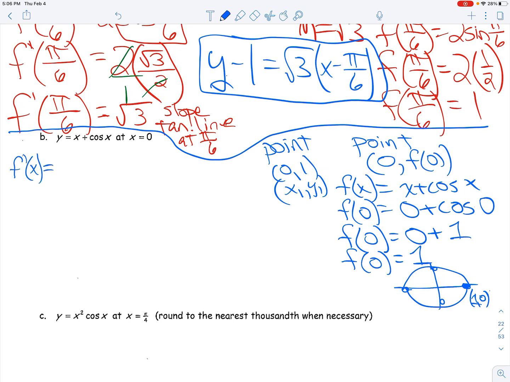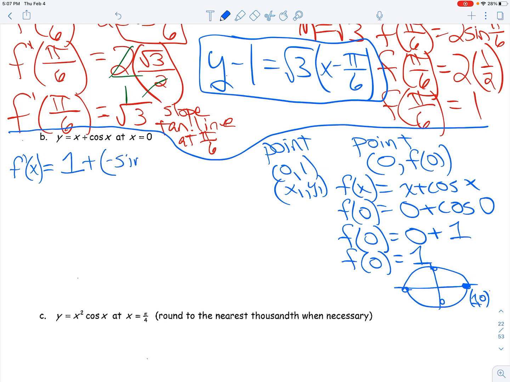Now we get the slope. Now we go and get the slope of the tangent line, and that involves getting the derivative of the function first. x plus cosine of x, we take the derivative of each term.